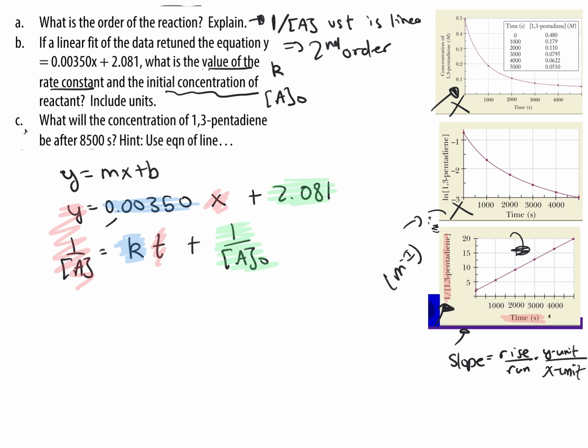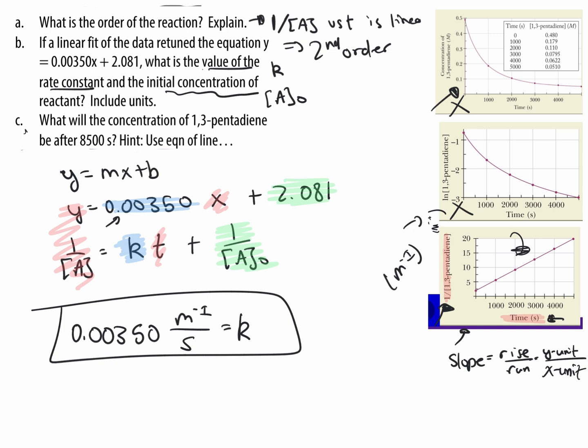So my slope there is 0.00350, with y unit molar to the minus 1, divided by x unit, which is seconds. So molar to the minus 1 over seconds. And that is, according to this matching we just did, equal to my rate constant k that I wanted to solve for. So that's the answer. Maybe a cleaner way of writing the unit would be molar to the minus 1, seconds to the minus 1.